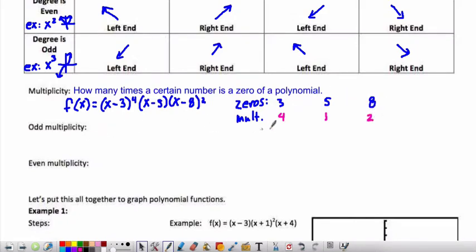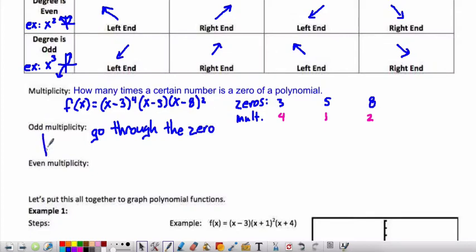Now what does that mean, or why do we need to know that? Well, that is how the graph is going to behave at these zeros. When we have an odd multiplicity, it's going to go through the zero.